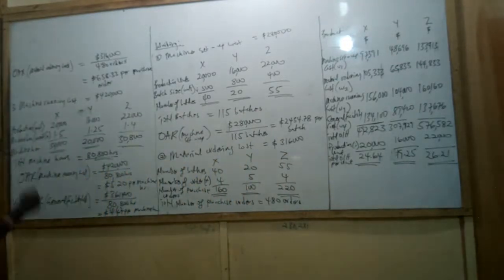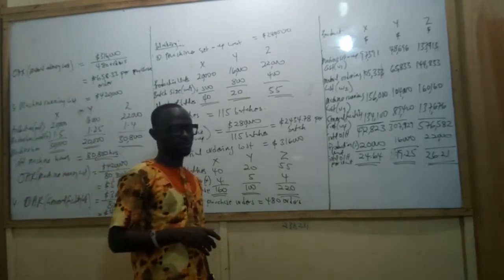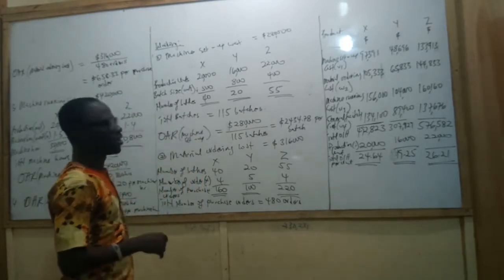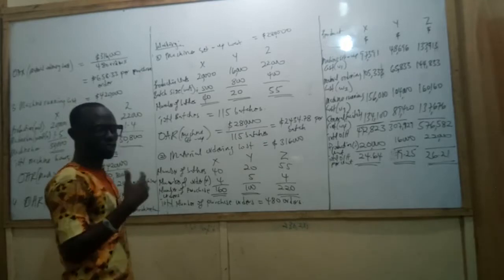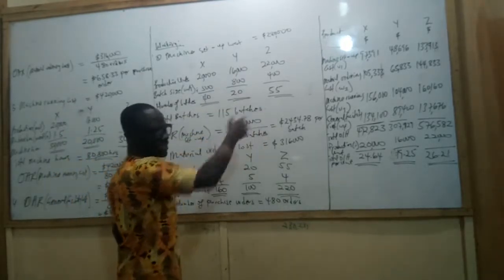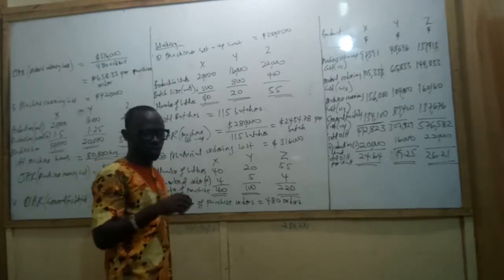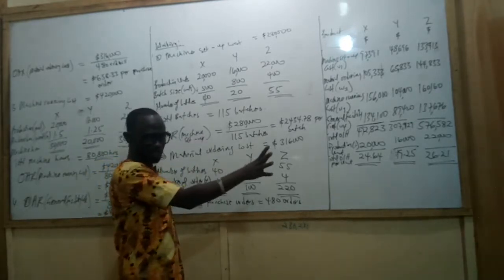Why were we using the overhead absorption rate in the beginning? Because we need to apportion overheads among the departments. The basis on which we apportion overheads under absorption costing is labor hours.